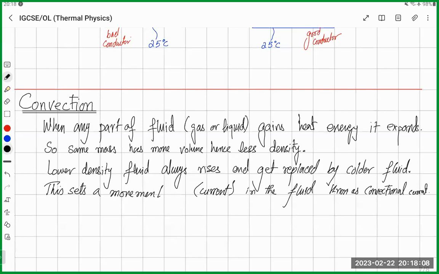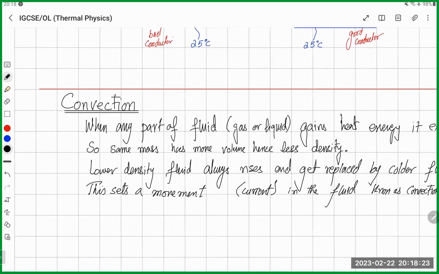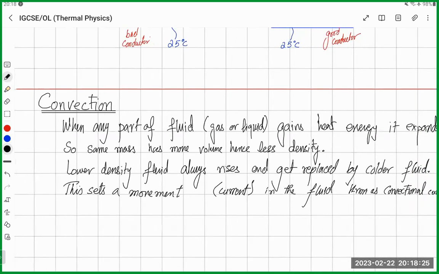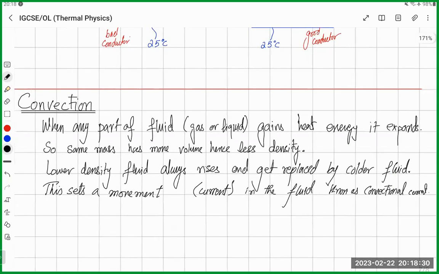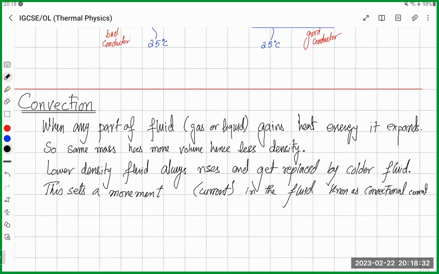Within the fluid, molecules are now moving from one place to another. This movement has a name, and that name is convectional current. And remember, it is not that electric current. Current means movement. Okay? This is convectional current, which is used to distribute heat energy within a fluid.